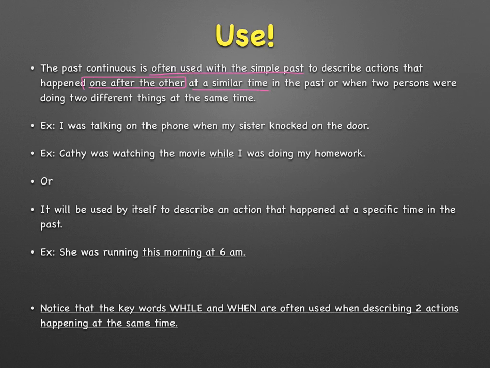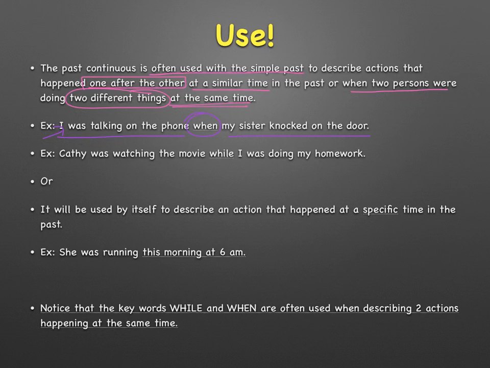Or if two persons, for example, were doing two different things, but at the same time, as in the examples. If I say, I was talking on the phone when my sister knocked at the door, it means that this first action was going on for a while.